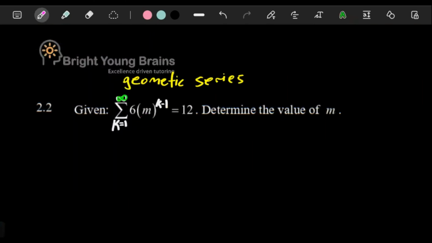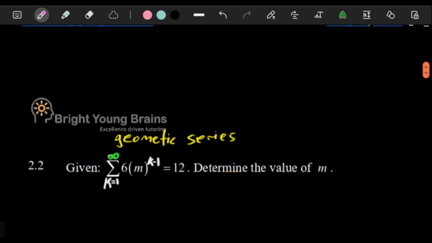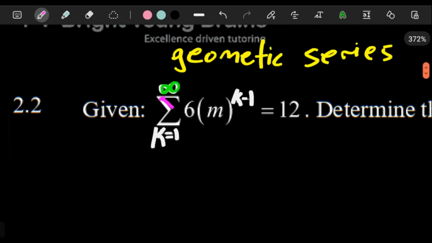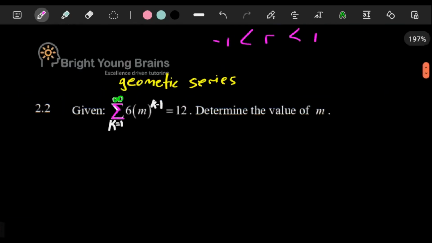So what this is telling us is, in your geometric series, as long as you're dealing with a sum to infinity question, you want to remember that your value of r will always be between 1 and -1. So anytime you see sigma notation, remember sigma notation needs you to use an SN formula, a sum of formula. The sum of formula that we can use is the sum of formula for a geometric series.